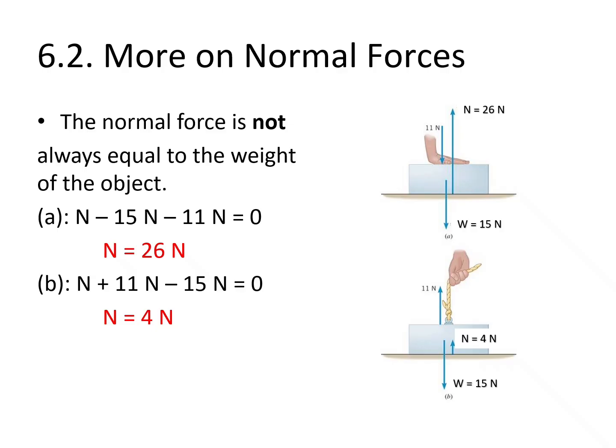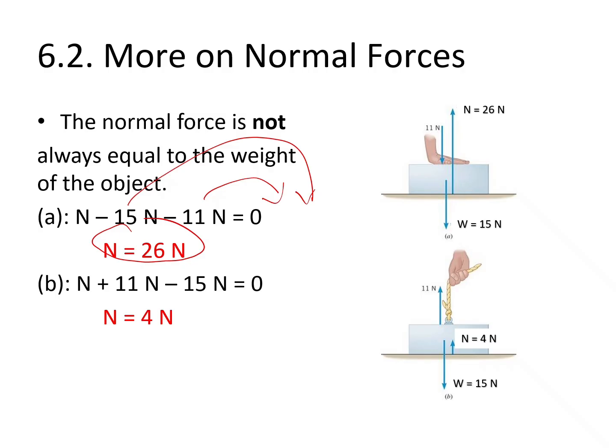Taking upward as positive, the equation is the normal force minus 15 newtons minus 11 newtons equals 0. And that gives the normal force equals 26 newtons, because we can bring the 15 newtons and 11 newtons to the other side of the equation, and they end up being added together.